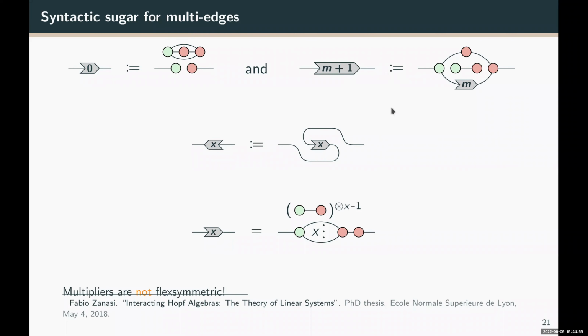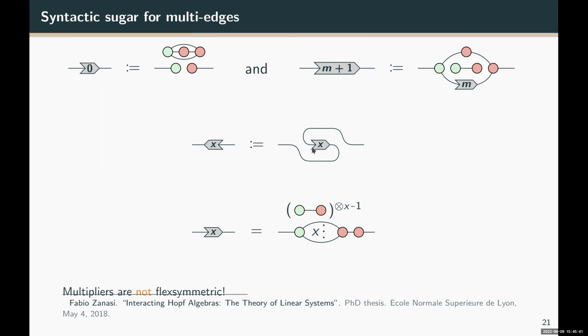So given this inductive definition, we can see that the overall diagram for a multiplier is just this Hopf-like diagram with x edges. Now, one point which is worthwhile to bring up is that once you introduce these multipliers into the language, it is no longer strictly flexometric, since these guys are not equal to their adjoint, I suppose, in the calculus.